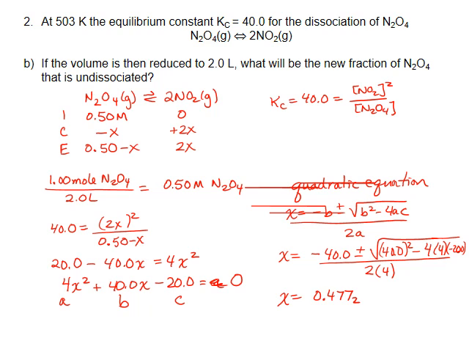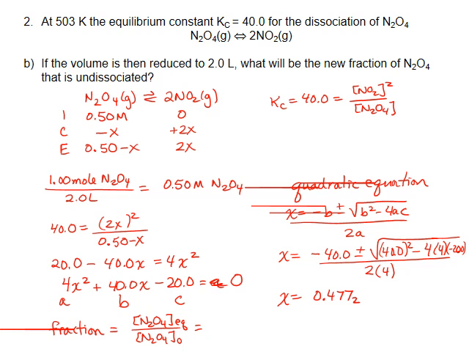What would be the fraction of N2O4 left undissociated? So again, we want to put the equilibrium concentration of N2O4 divided by the initial concentration of N2O4.